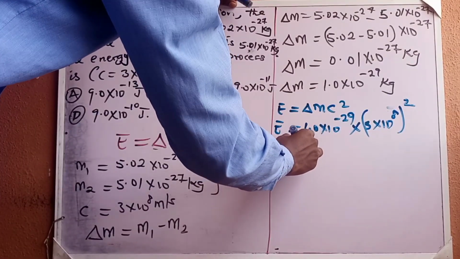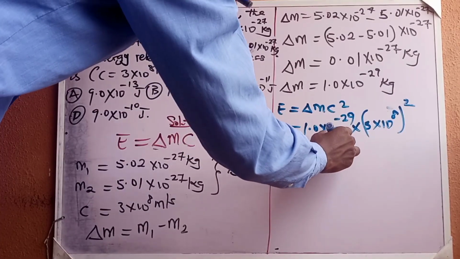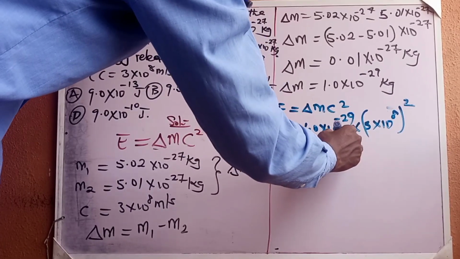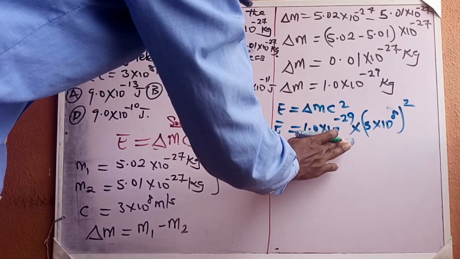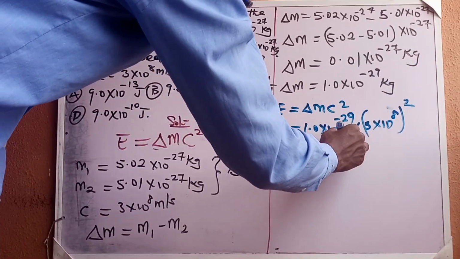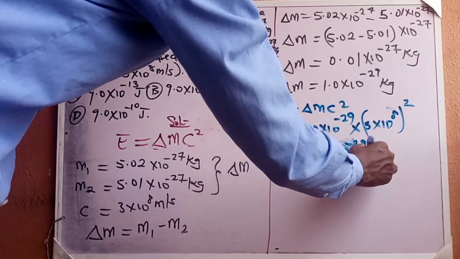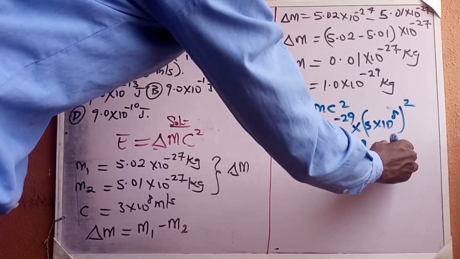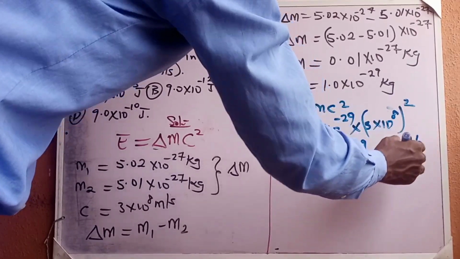So the energy will be 1.0 multiplied by 10 to the power of negative 29, multiplied by 9, multiplied by 10 to the power of 16.